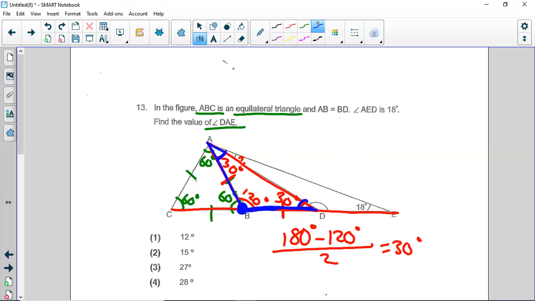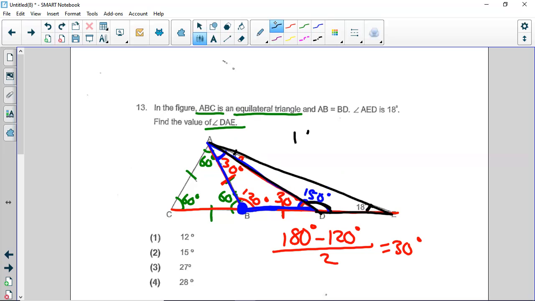Okay, and now can we find the question mark? Yes, we can, because I can find this other angle. So 180 minus 30, I get 150 degrees. And then I have another triangle, which is the black color here. And I can now find the question mark already. So how do I do that? I take 180 minus 150 minus 18.